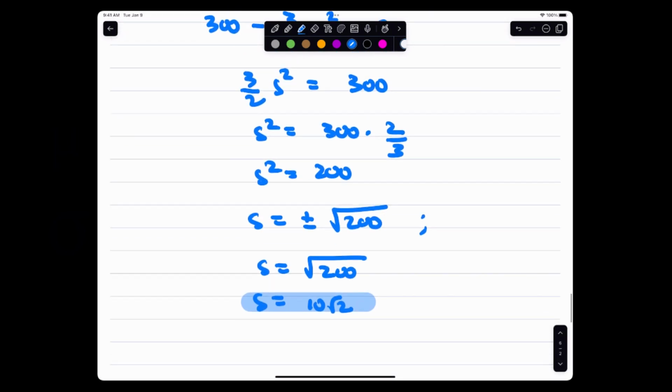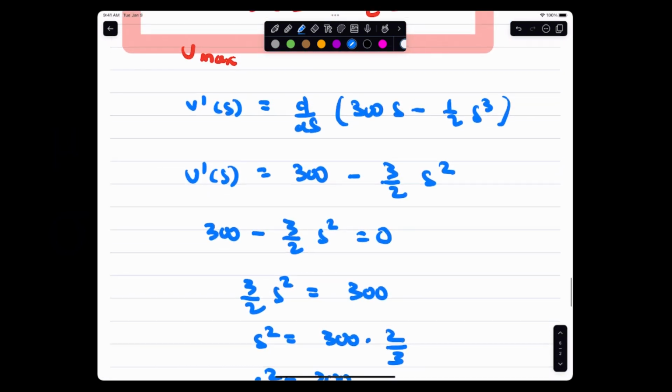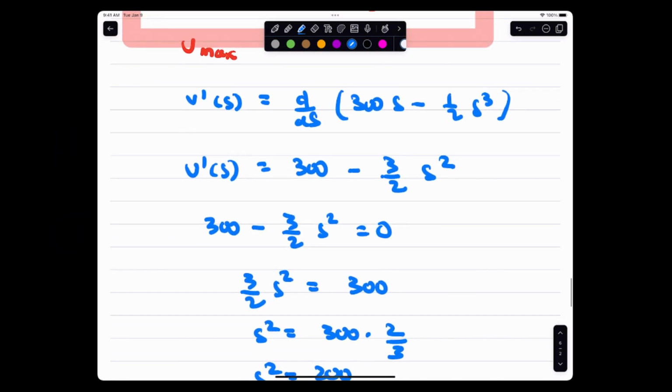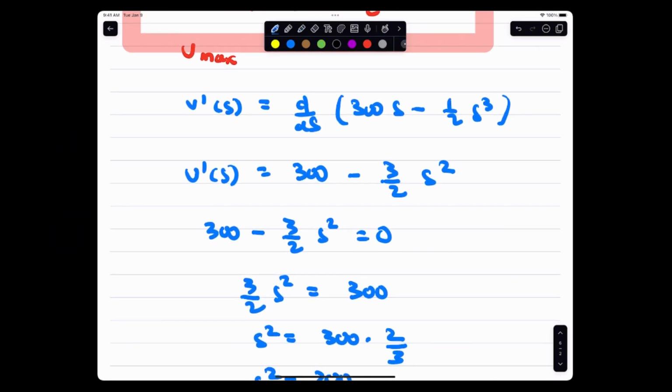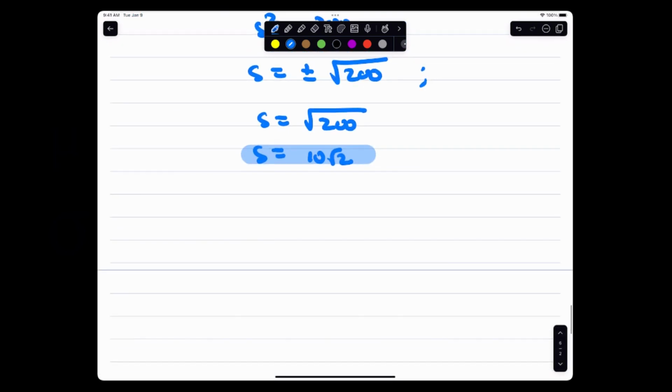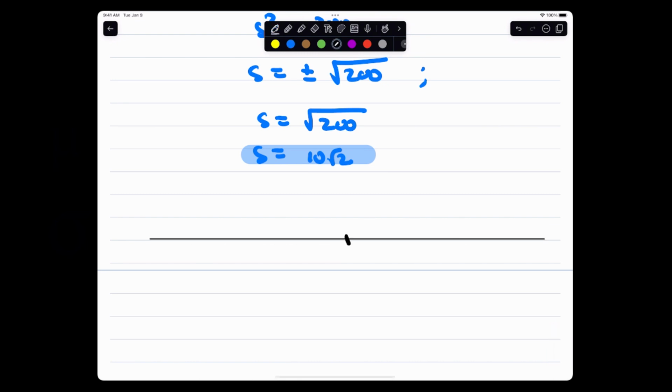So this is supposed to be the side that probably maximizes this equation for volume. This is my derivative. Okay, so by sign analysis again, we're going to get that side here. 10 square root of 2, this is the side that makes this what?